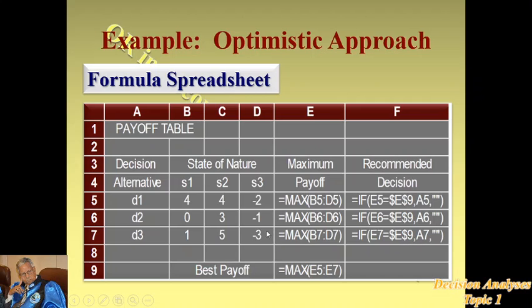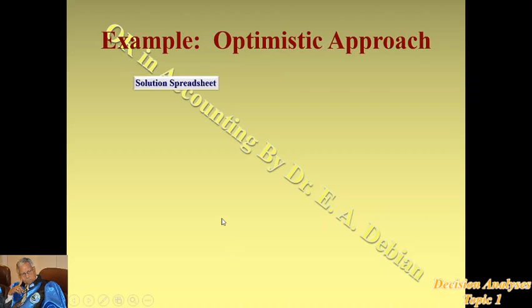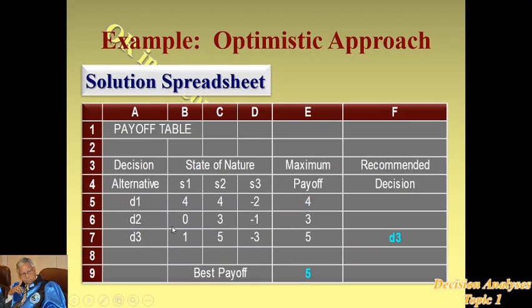By putting these formulas, when we put our figures, our payoffs, in this area, the result will appear automatically as follows. The best payoff is 5, and the best decision alternative is D3.